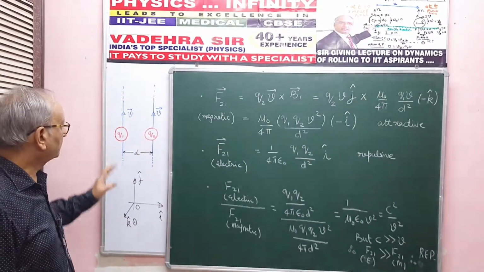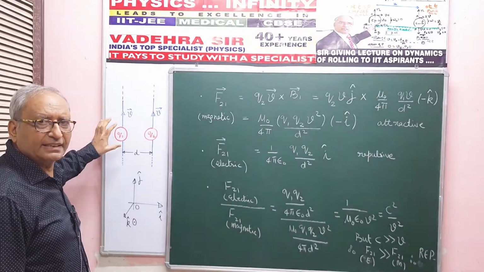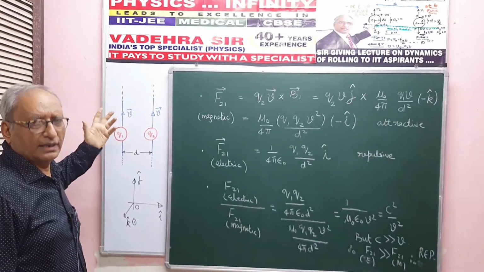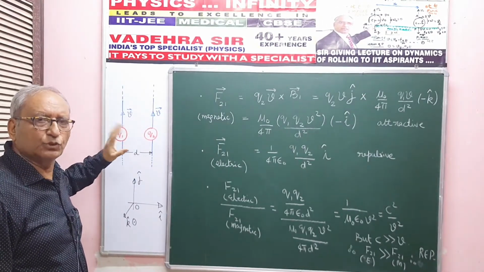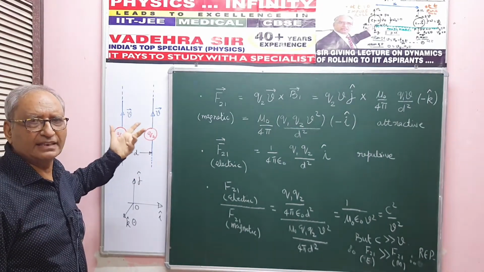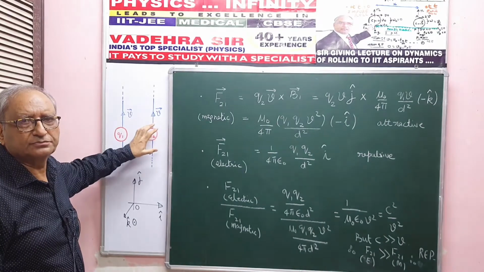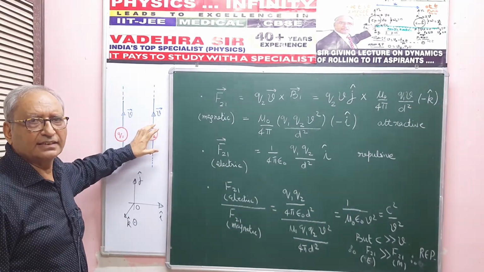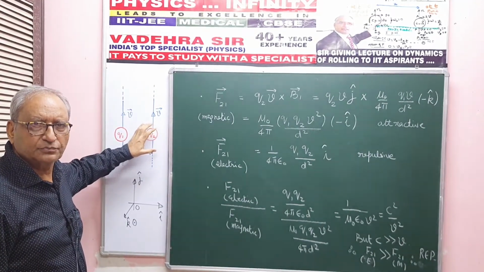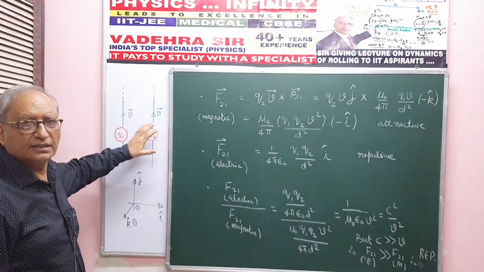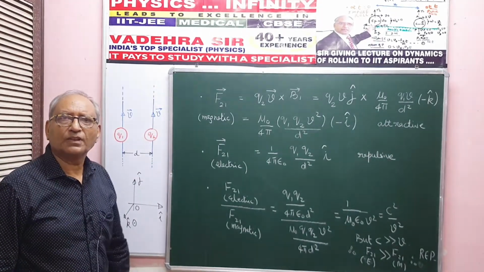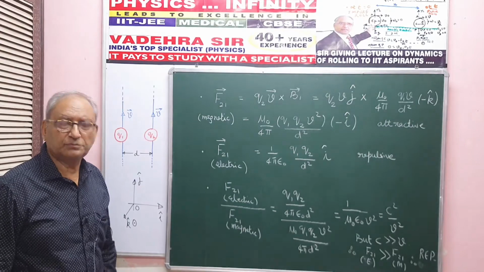Now what happens? This magnetic agent, q1 v arrow, creates a magnetic field at the site of the other agent, that is q2 v arrow, and the other agent experiences a magnetic force.